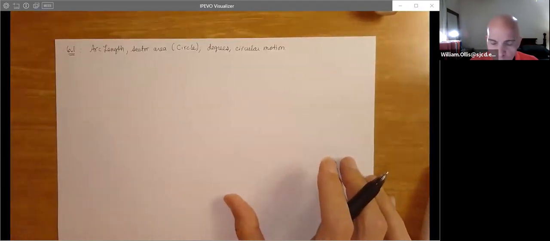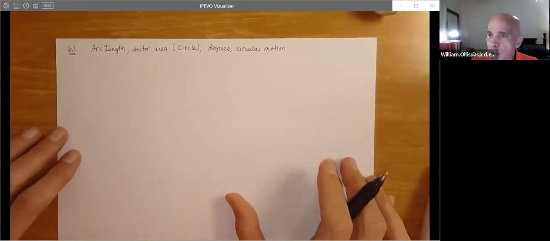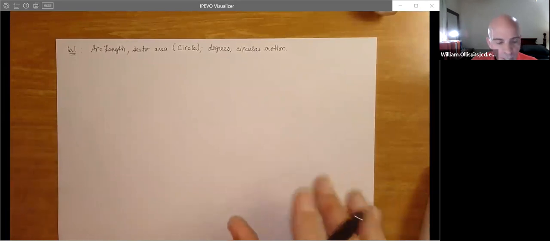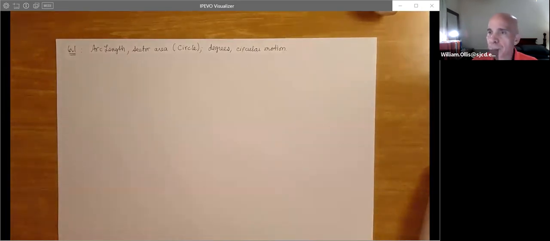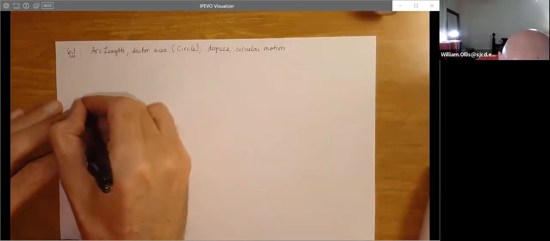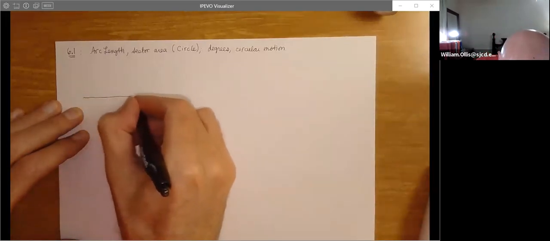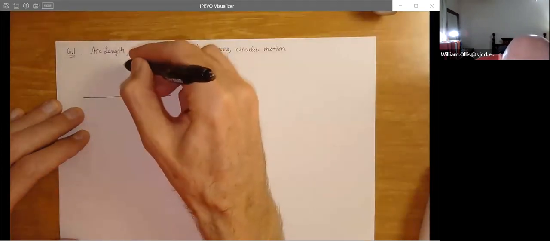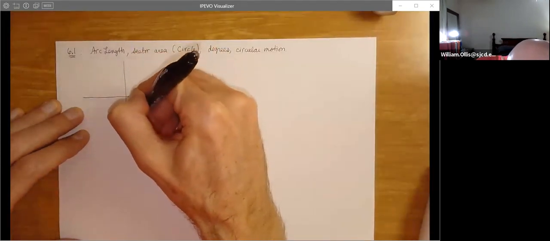So when it comes to arc length for a circle, we're going to think about how we can make a connection or identification between measurement along the unit circle and the abstract notion of an angle. And this is easy. This is probably more like what you remember from geometry. So we're going to go back to the unit circle right now.